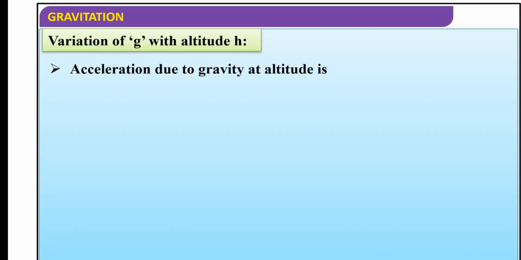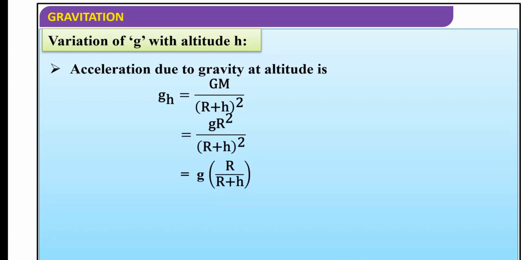Now next thing, variation of gravitational acceleration with height. See, there are two cases. First one, this is the first case, gravitational acceleration at height h. You will use this formula when the h is very very large. Like suppose R is given, h is given to you in kilometers, more than 10 kilometers.